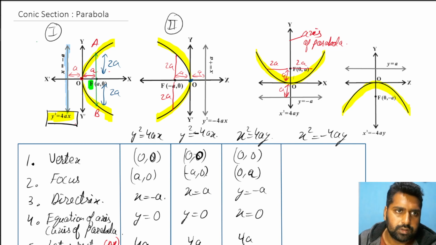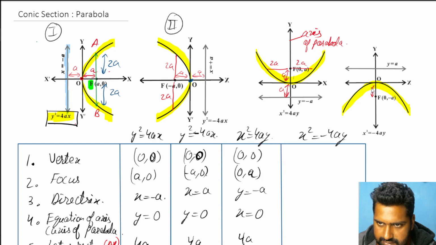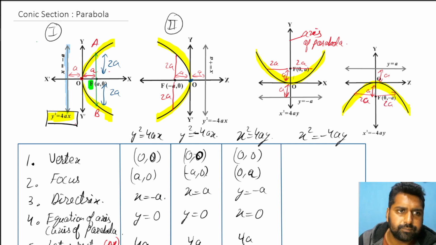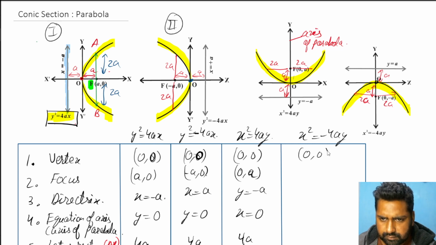Still the same thing, this distance is a, this one is a, this is 2a, 2a, so latus rectum will be still 4a. Vertex is always 0 comma 0. For these equations, I'm not saying it cannot be anything else, but for these equations vertex is 0 0.